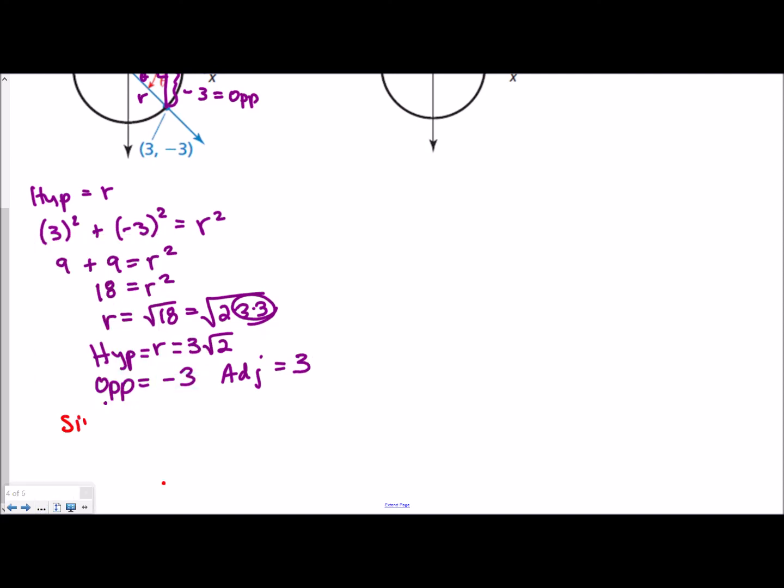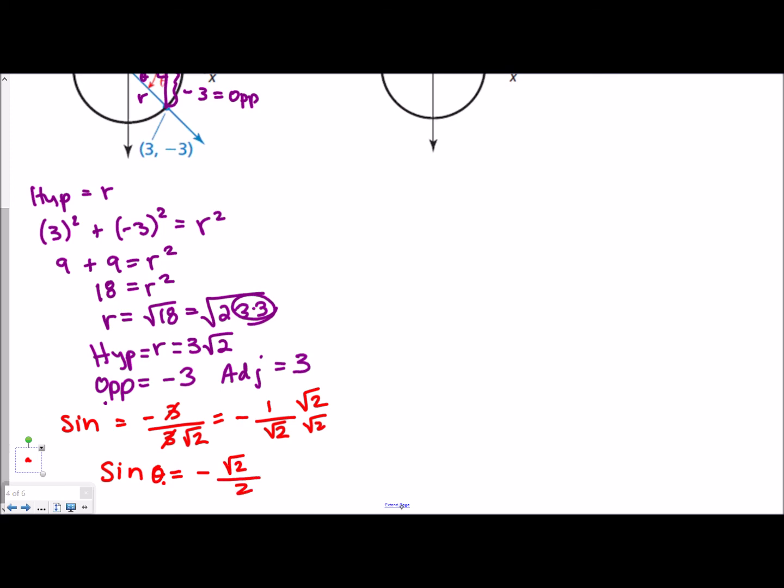Sine is going to be -3 over 3 square root of 2. Looks like those 3's are going to cancel. I'm left with -1 over square root of 2. But we've got to rationalize. So the sine is actually going to be negative square root of 2 over 2.